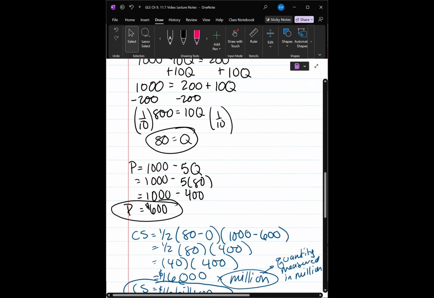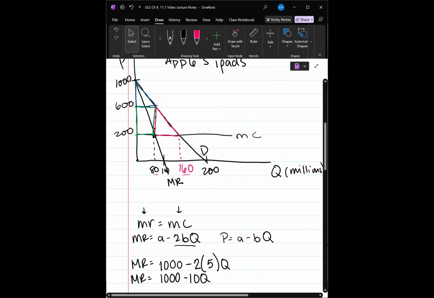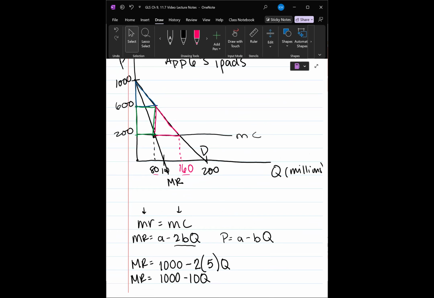What we might want to do is say, okay, now I really want to know what our perfectly competitive firm would look like. And so what you would do is say, all right, Apple's profit maximizing amount in perfect competition would be that 160 amount, and their price would be equal to marginal cost, so their price is 200.